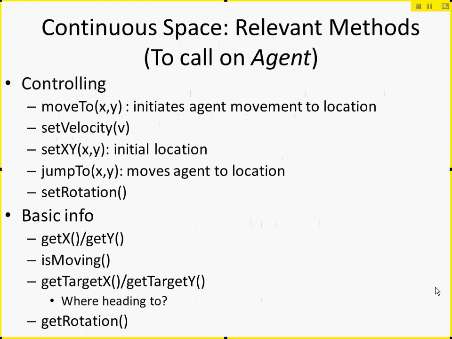Set XY is used to set their initial location. Jump to moves them to a certain location in an instantaneous way. You know, beam me up, Scotty, and it beams them over to a certain location, XY. We can further set their velocity, and we can set their rotation.